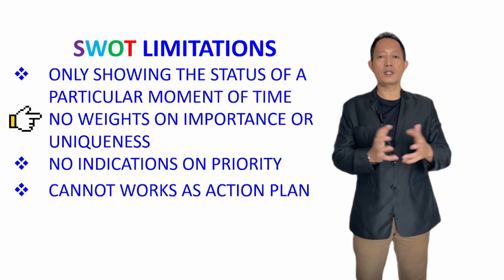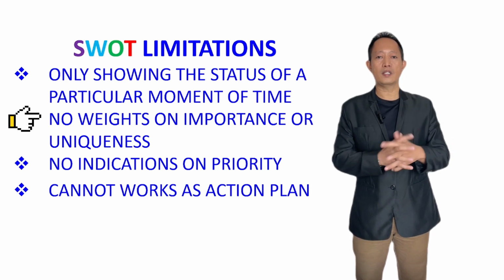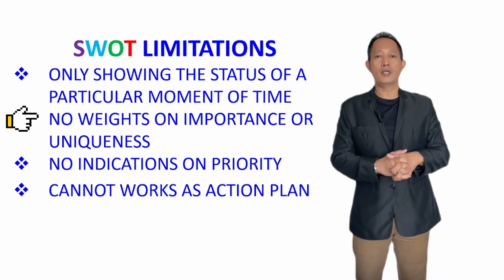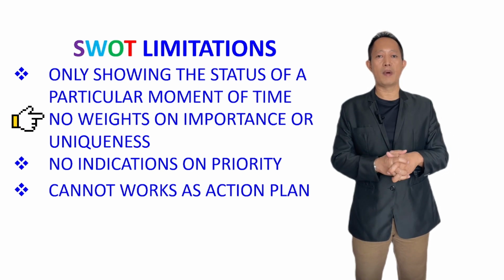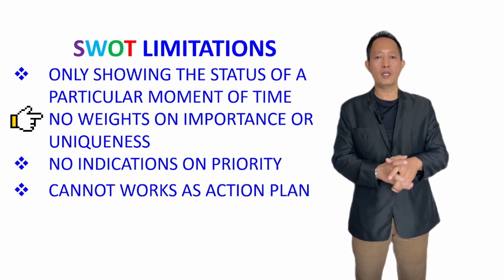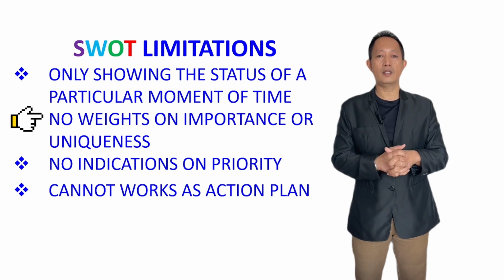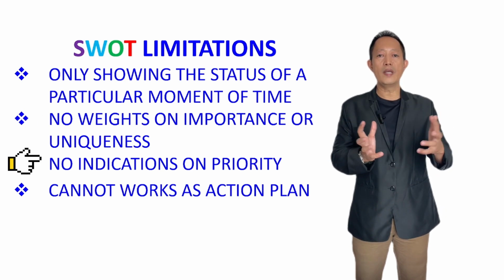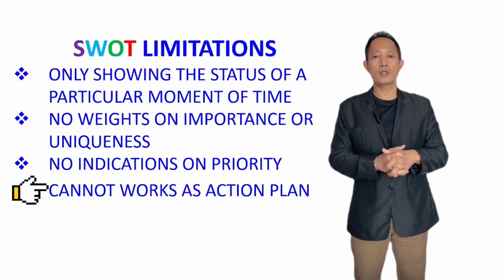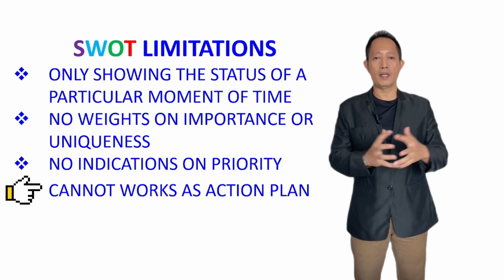Now we understand, so SWOT doesn't show it. Although my strength is speaking good Chinese, my weakness is not speaking good English. So which one is important? No indication on priority cannot work as an action plan.